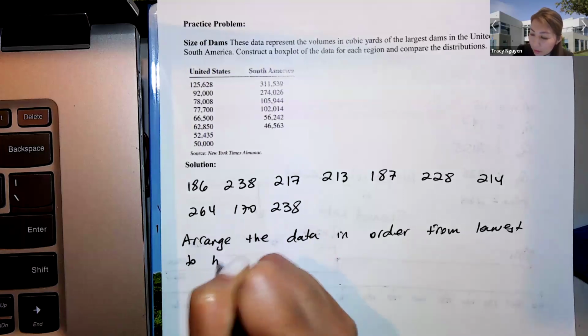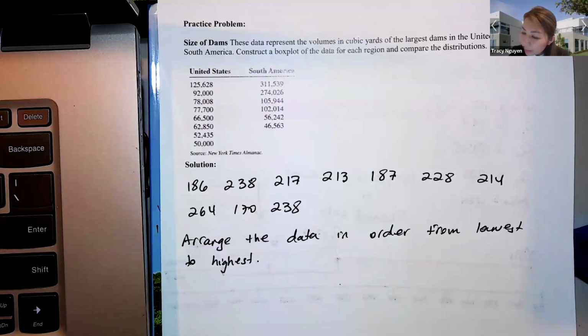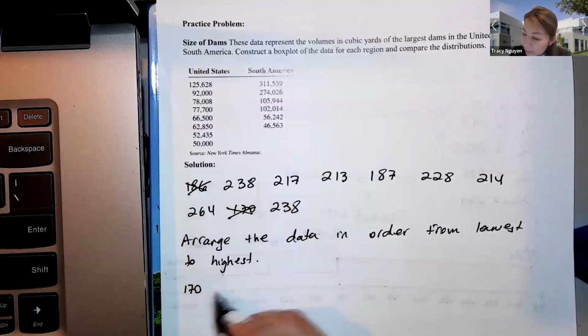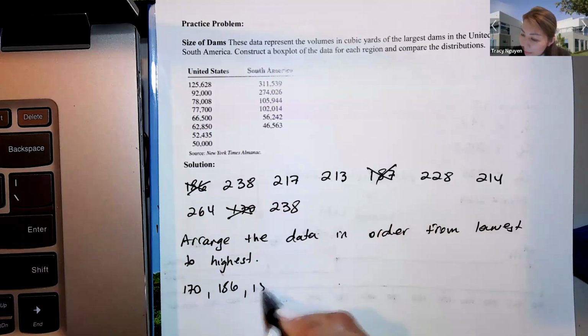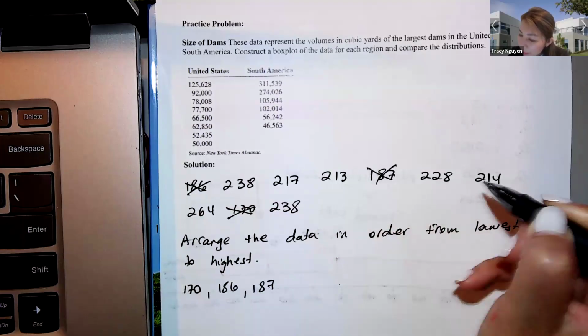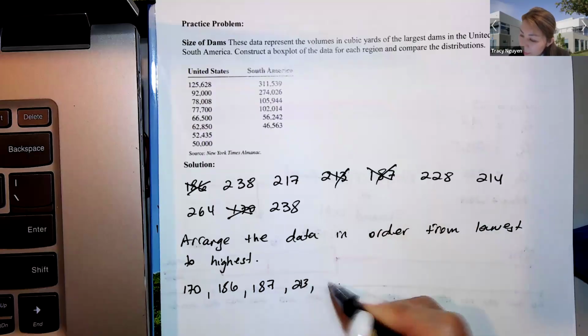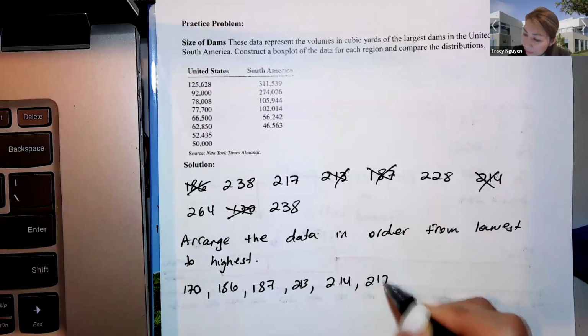What we see for my lowest here is that 170 is the lowest. Next, we have 186, 187, 213, 214, 217.